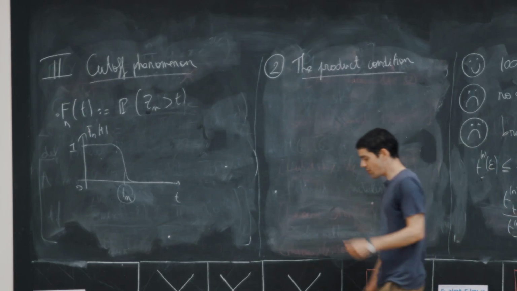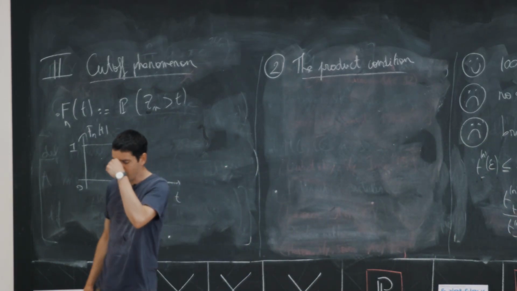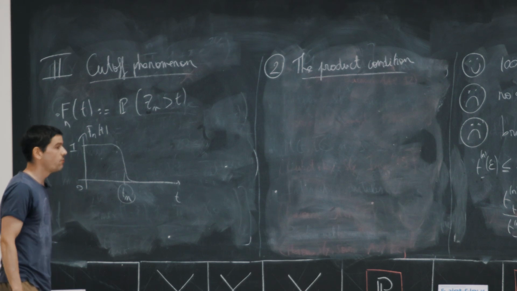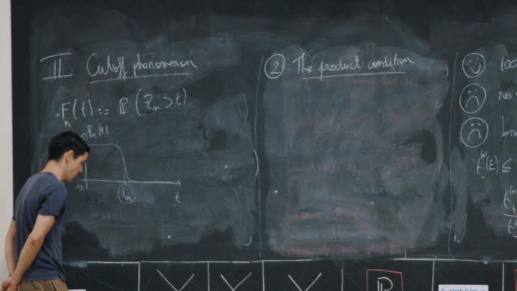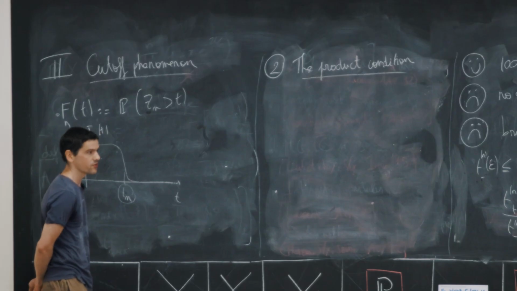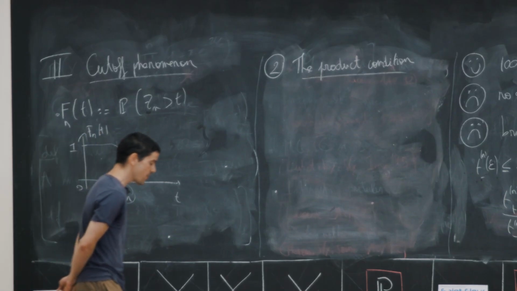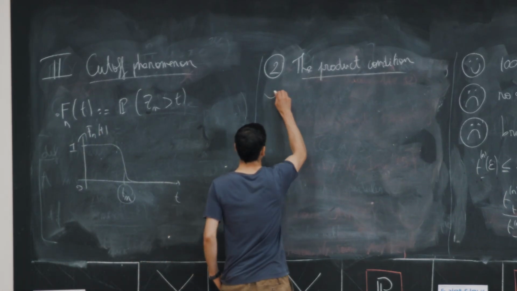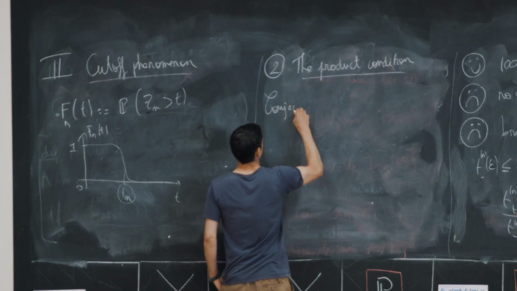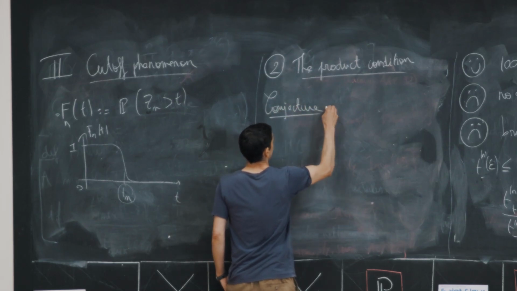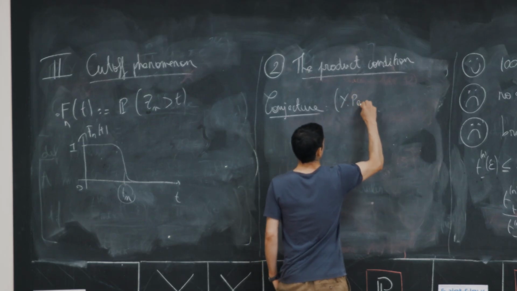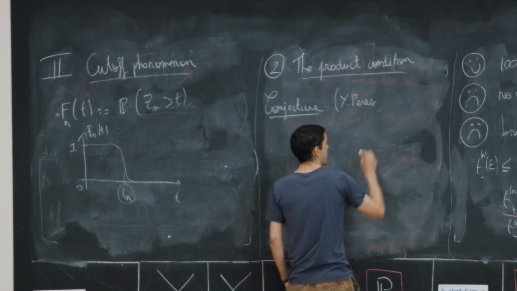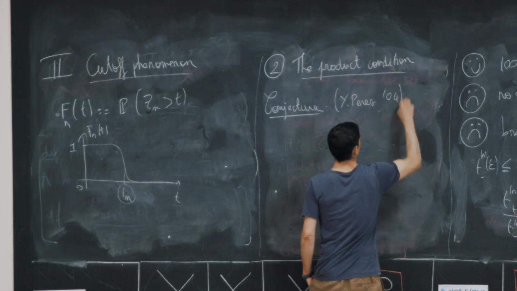There was a workshop 20 years ago at AIM in the US about mixing times, and all the experts in the field were there. So of course David Aldous and Persi Diaconis, but also Yuval Peres, and he proposed the following conjecture as an answer to this. So it's Yuval Peres at this AIM workshop in 2004.